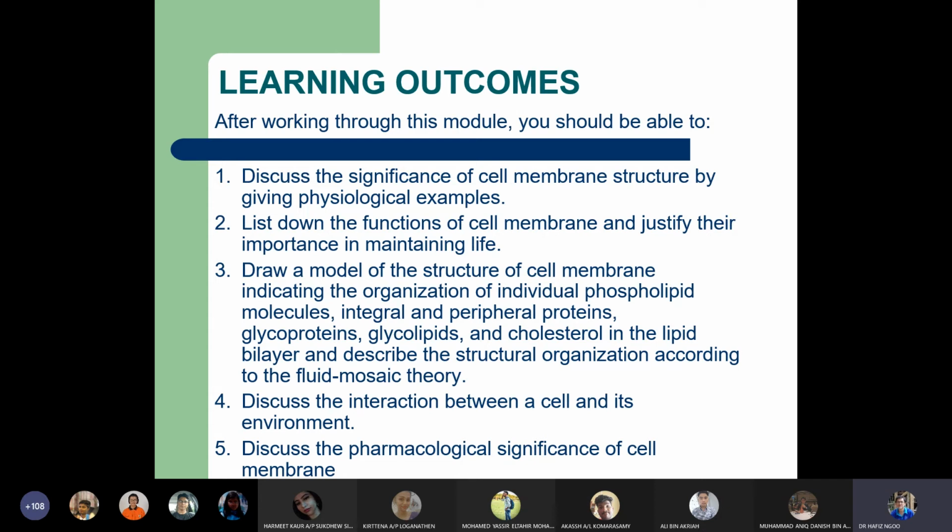Then we will draw a model of the structural cell membrane, indicating the organization of individual phospholipid molecules, integral and peripheral proteins, glycoprotein, glycolipid, and cholesterol in the lipid bilayer, and describe the structural organization related to the fluid mosaic theory or model. Then we discuss the interaction between the cell and its environment, and the pharmacological significance of the cell membrane.